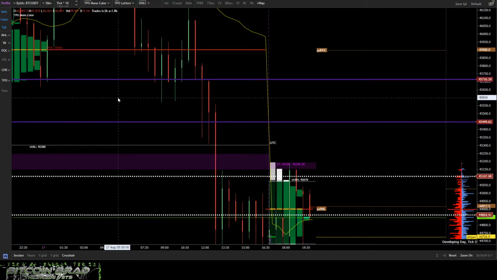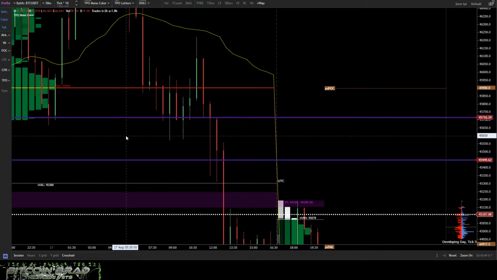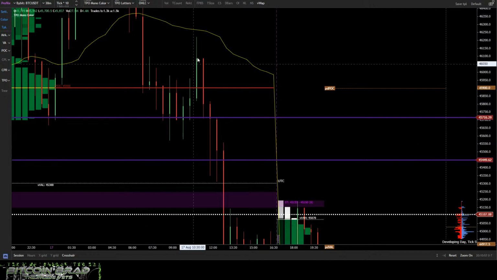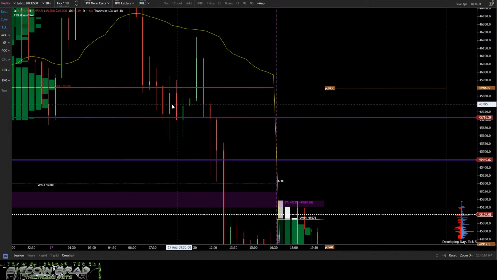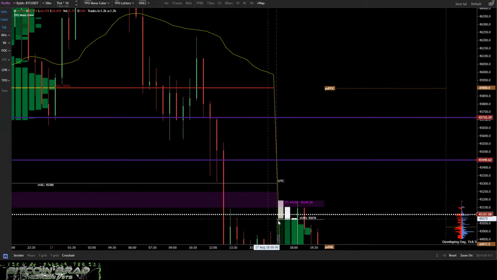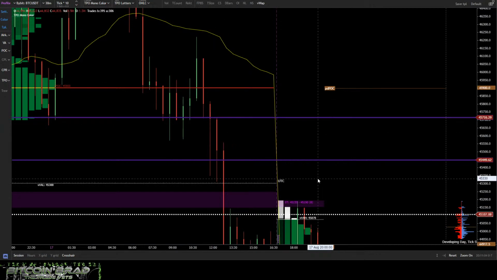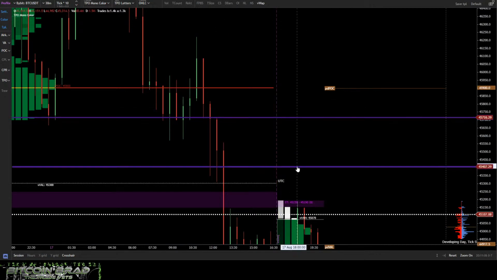It's not based off of any magical green dots or red dots or bullshit stuff, right? Just based on structure. We saw that we failed to go to the upside, came back down into structure, broke the bottom of structure, and boom, we hit the short. That's simple as that, right?